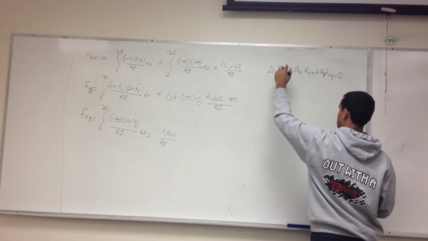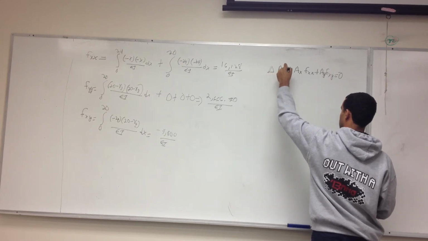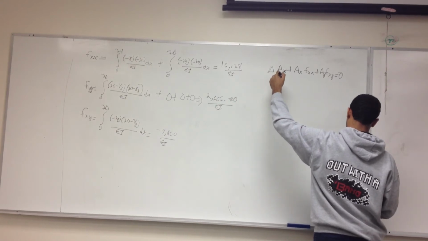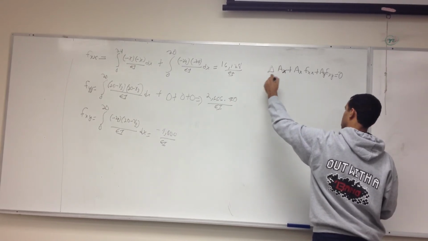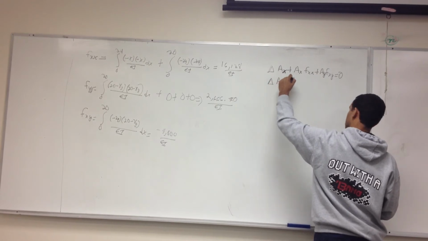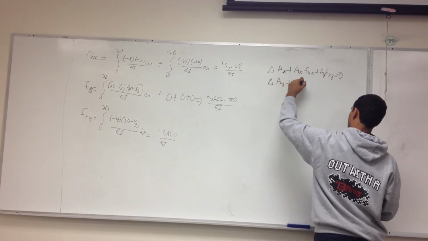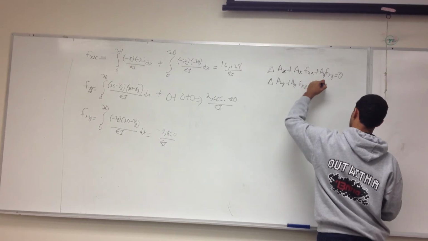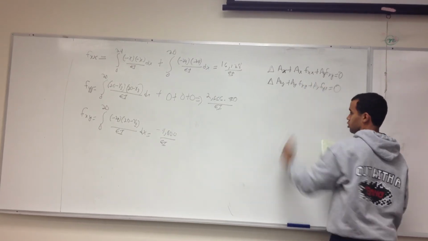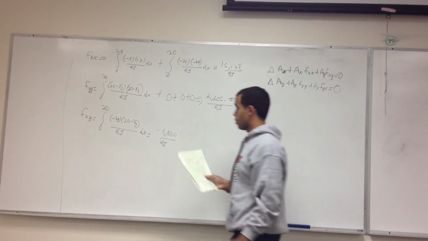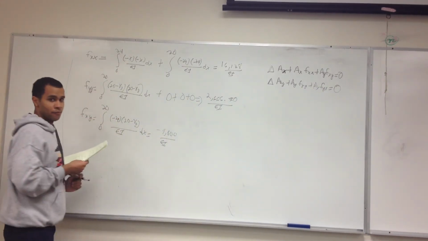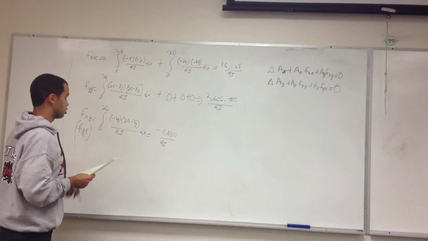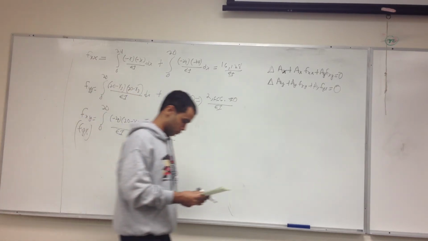That's to obtain the horizontal force of the frame. Now for the vertical force of the frame, we have delta AY plus AY times FYY plus AX times FYX equal to 0. Mind you, FXY is the same as FYX. Okay.